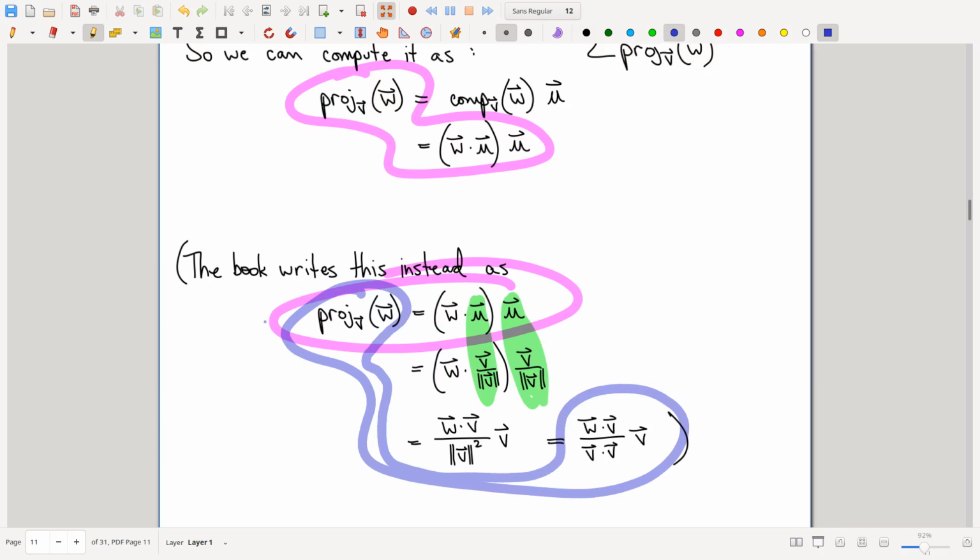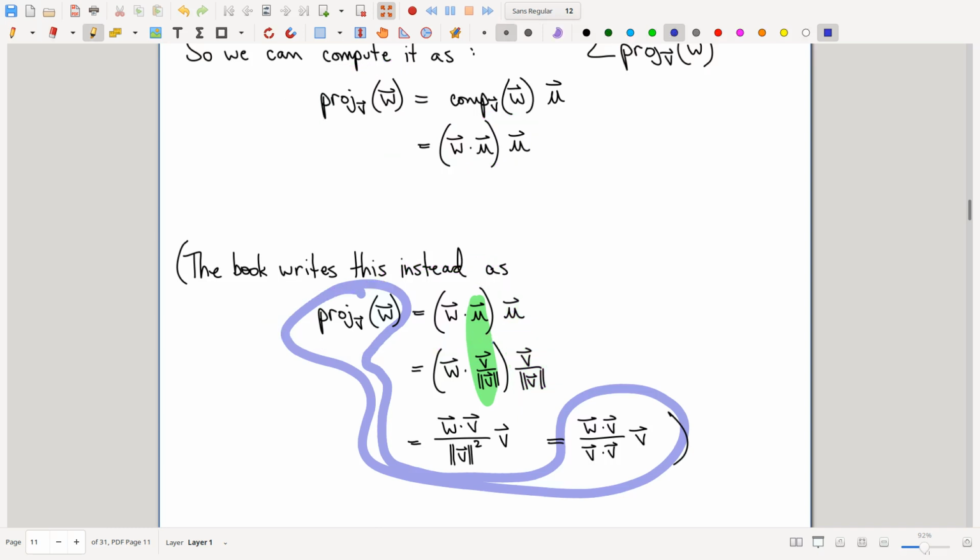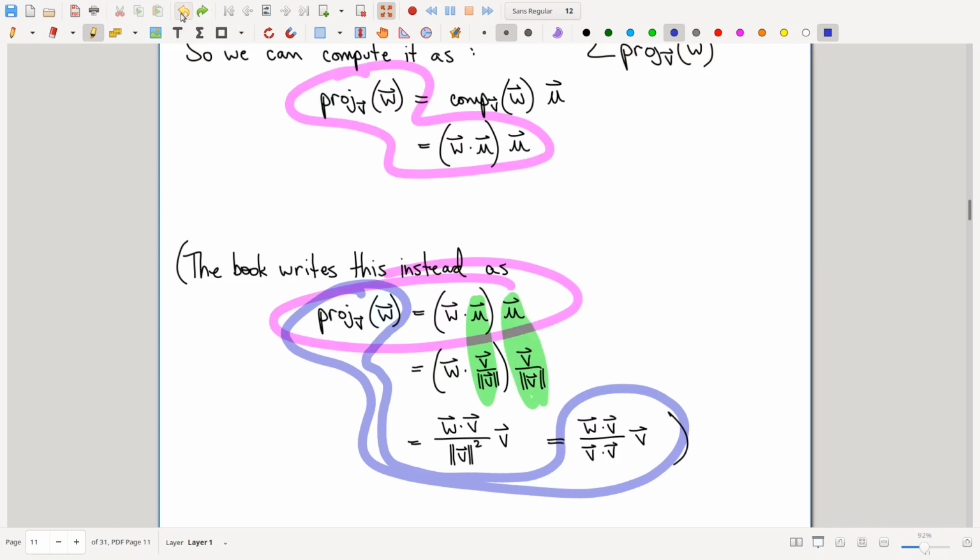This will give you the exact same answer as the other one, purple and dark blue, morally equivalent formulas. So you can use either one you want, but I do want to make a pitch as to which one I think you should like better.